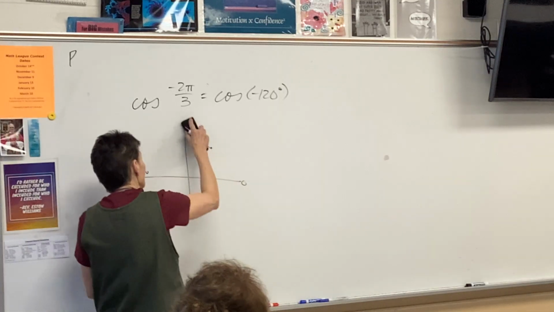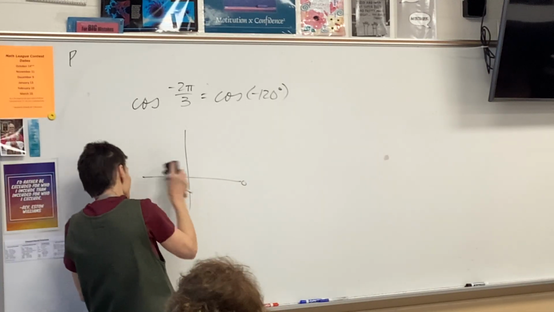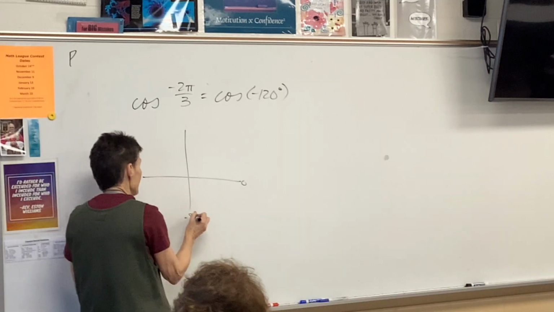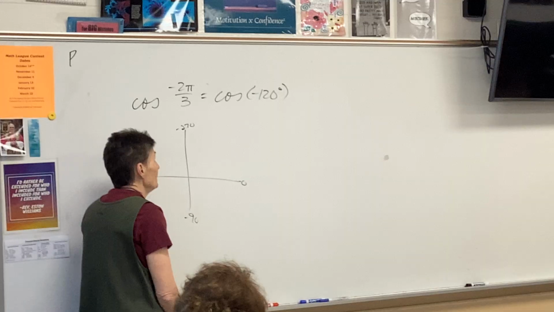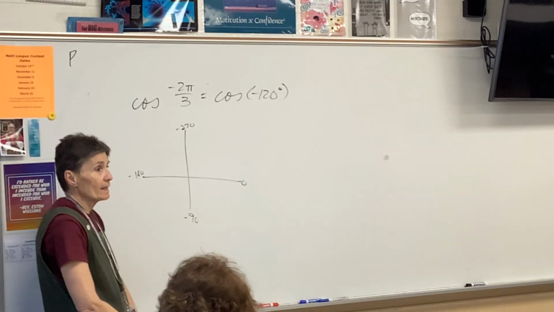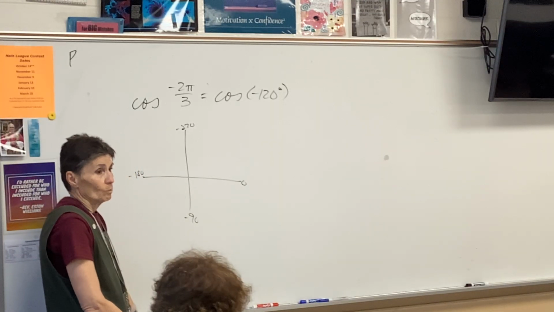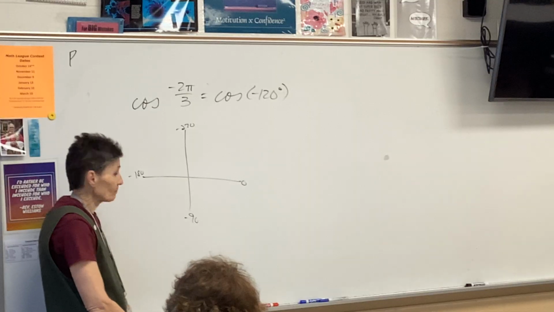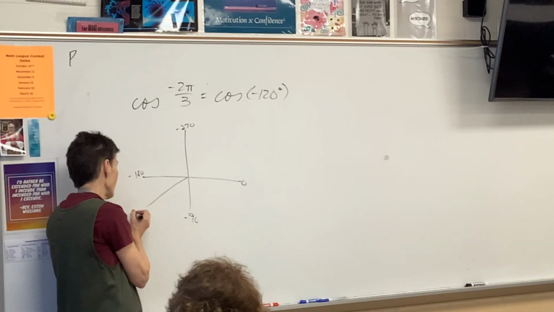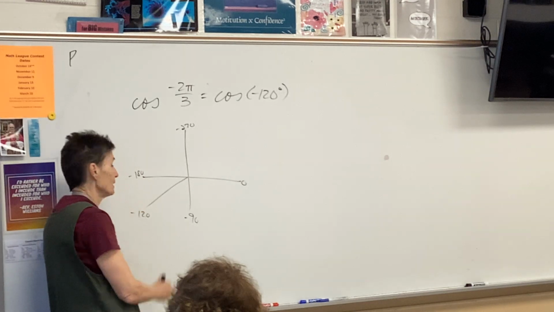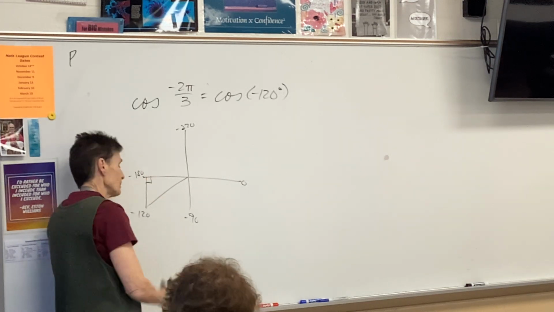So how do I handle negative? Upside down. Go the other way. So negative 90, negative 180, negative 270. Then I figure out where negative 120 would be. Right there. And then I make my butterfly bow tie triangle.